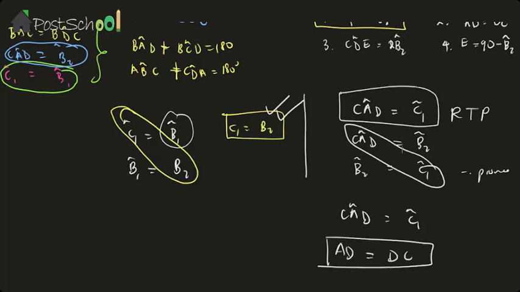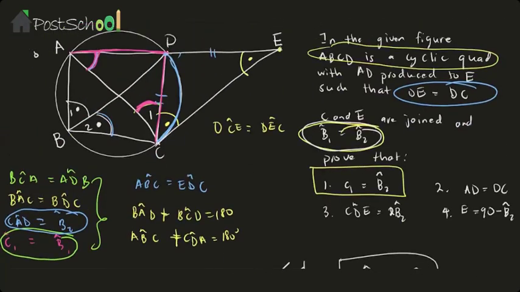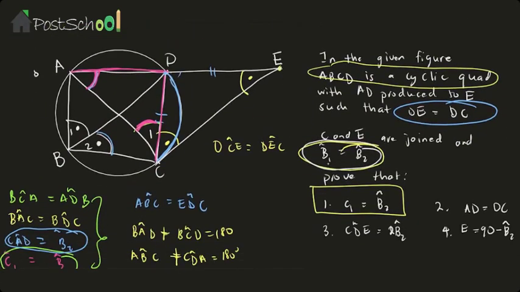So you can see, to prove that AD is equal to DC, this will make the pink triangle an isosceles, therefore we prove our base angles to be equal. That is one approach.